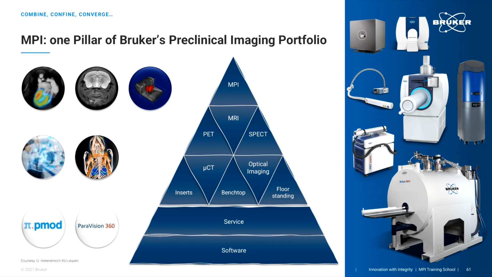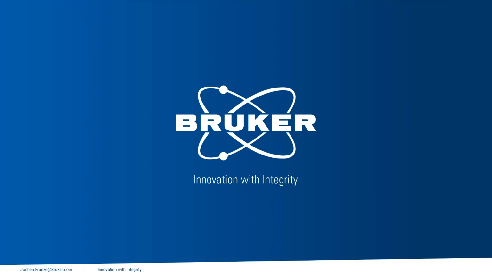But we don't have only MPI, we also provide you with MRI, PET, SPECT, micro-CT, optical imaging, with inserts, as a benchtop system or floor-standing systems, and in combinations. We have services and software available for you, so it's a one-stop shop if you want to deal with preclinical imaging. This is the last slide of my presentation about spatial encoding, FFP and FFL, and I'm open for questions.